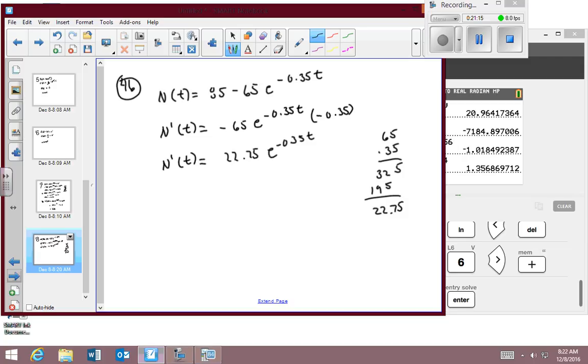So the first one, a, 4 to 5 days, so we go n prime of 4. 22.75 e to the negative 0.35 times 4. Okay.